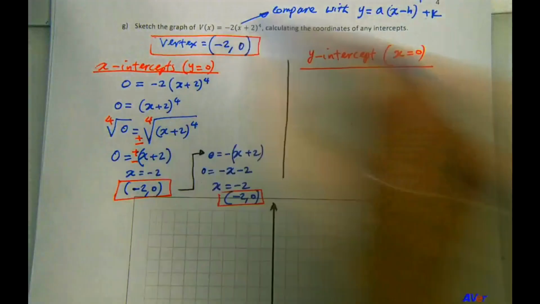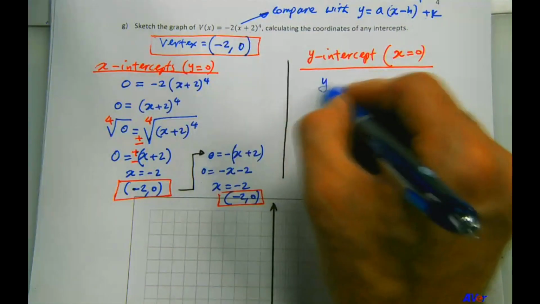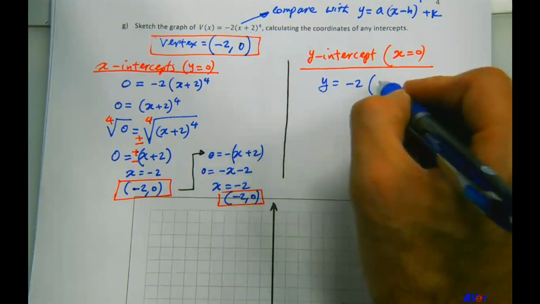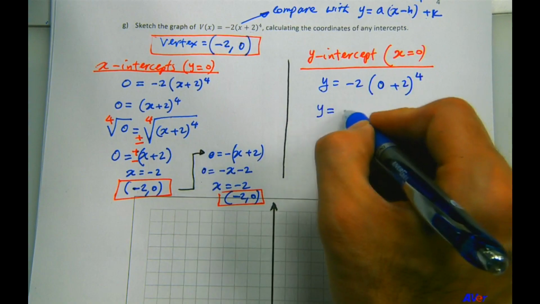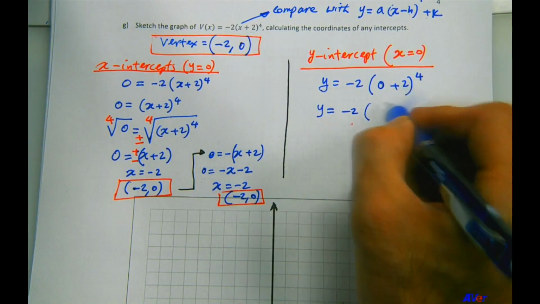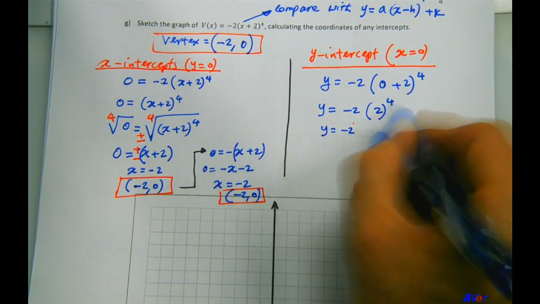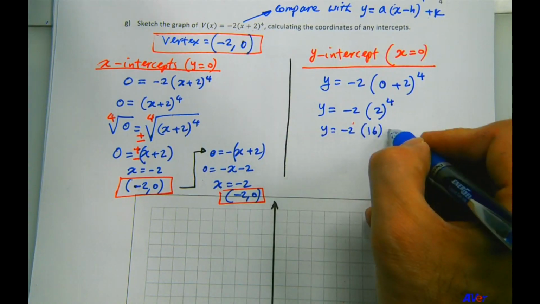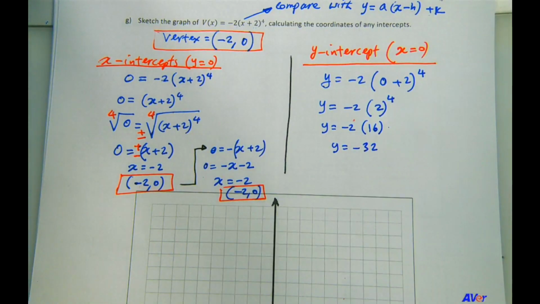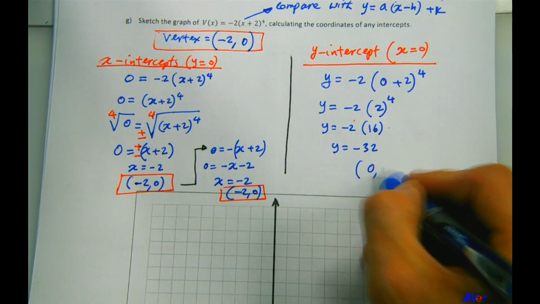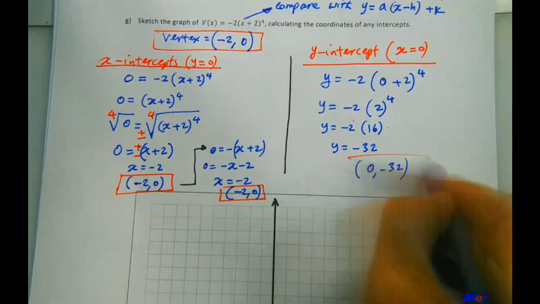So in this equation, let's substitute x with 0 and find v of x, which is the y component. y equals -2 times (0 plus 2) to the 4th power, so y equals -2 times 2 to the 4th power. 2 to the 4th power is 16, so y equals -32. The y-intercept then is 0 comma -32. So that's our y-intercept.